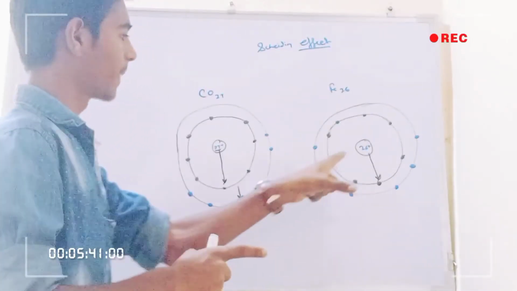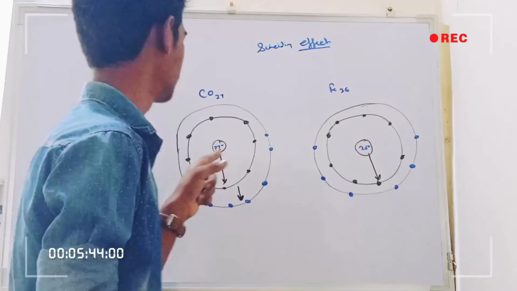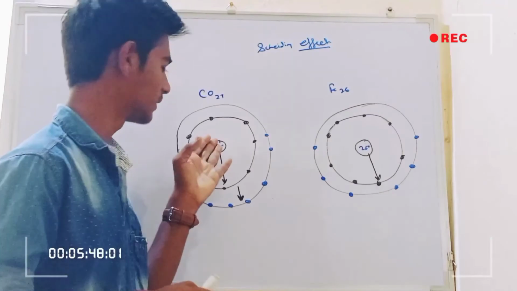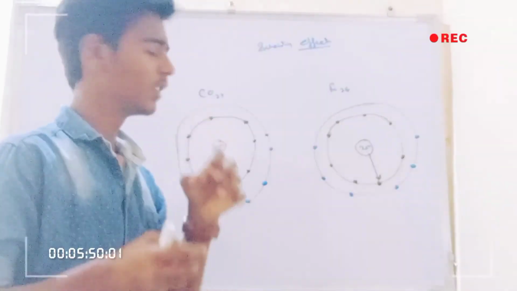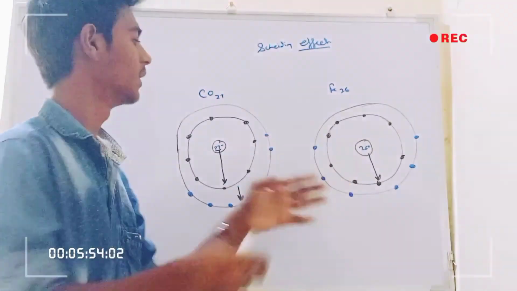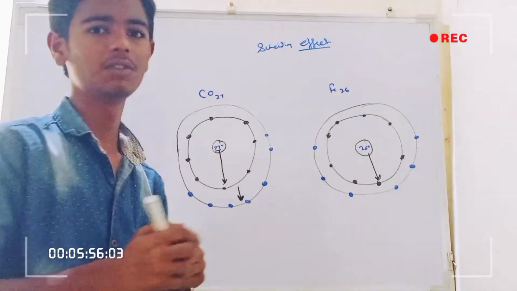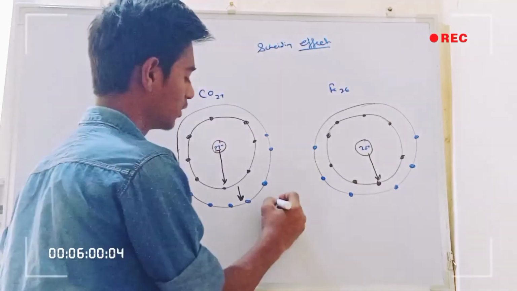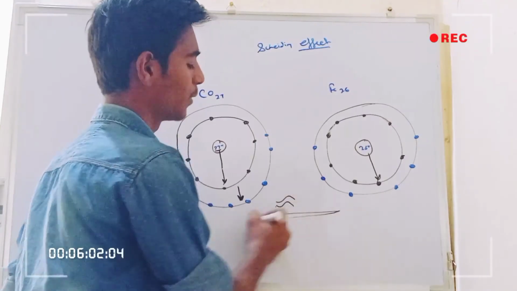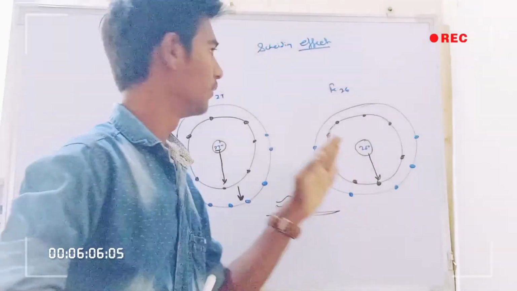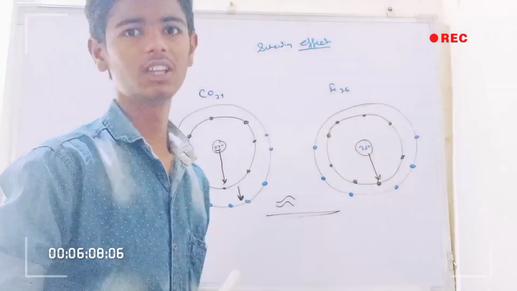But as ferrous has a 26 plus charge and cobalt has 27 plus, the cobalt nucleus attracts its electrons more efficiently. Combining these two phenomena, the atomic size of cobalt is approximately equal to that of ferrous.